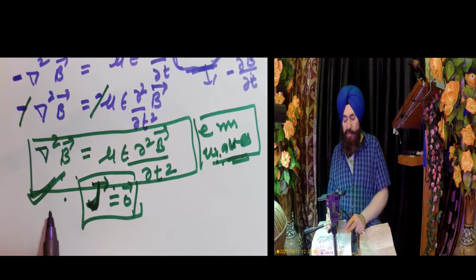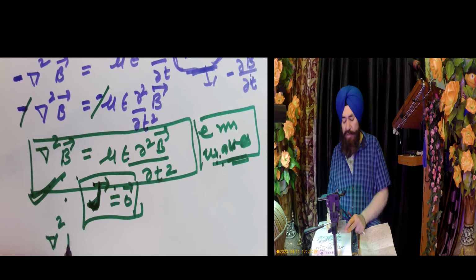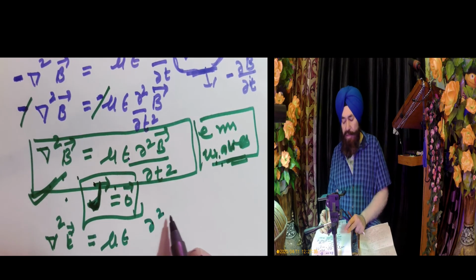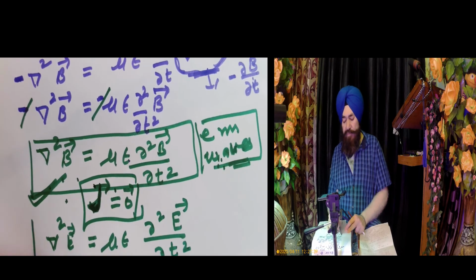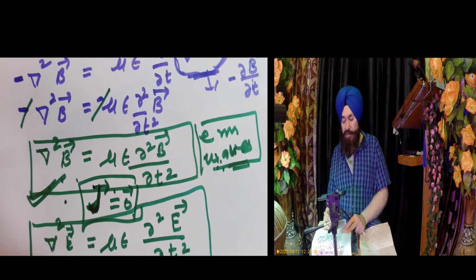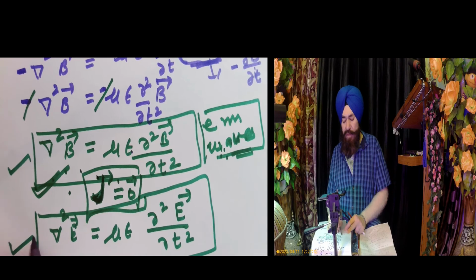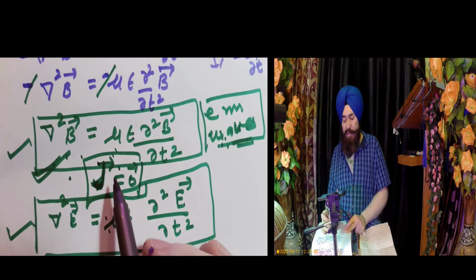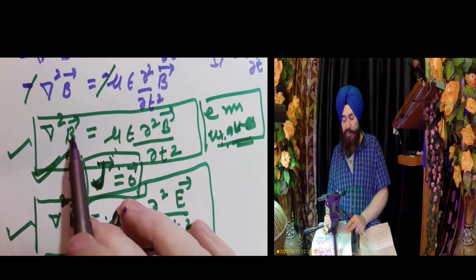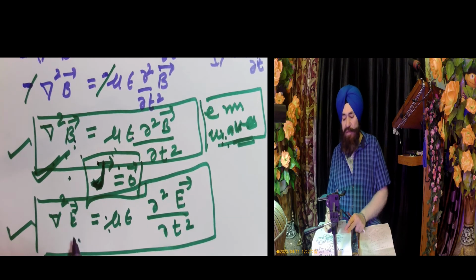And already I proved del square E vector is mu epsilon curly 2 E upon curly t square. Now just look at this equation and this equation. Exactly similar for magnetic field and for electric field.